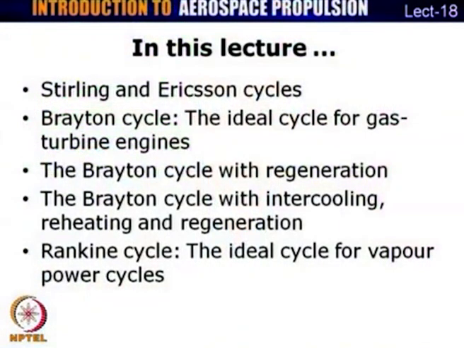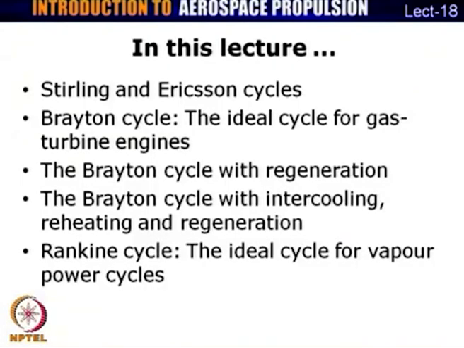So, let us look at what we had discussed in today's lecture. We started our discussion by the Stirling and Ericsson cycles, which are basic ideal cycles which can have efficiencies as high as that of the Carnot cycle, because they are totally reversible cycles. The Brayton cycle is the ideal cycle for gas turbine engines.